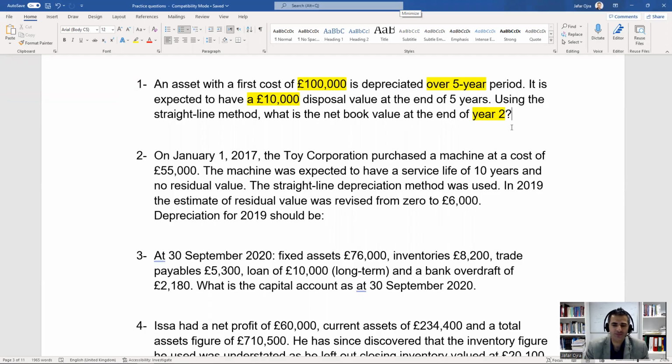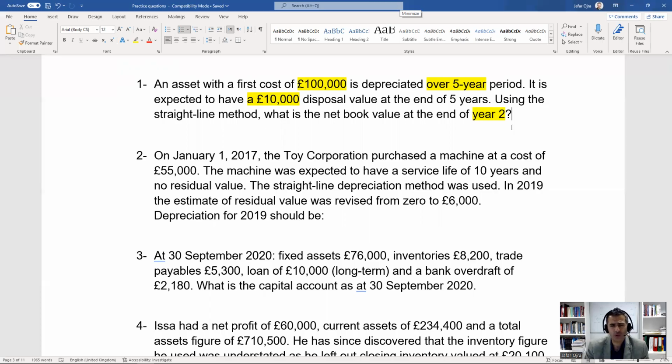We have 2 types of depreciation, 2 methods. We have the straight line method, and we have the reducing balance method. When you look at depreciation in a question, you always need to look at 3 things. First, what is the cost, which is £100,000 here? Second, what is the disposal value, which is £10,000, as you see.